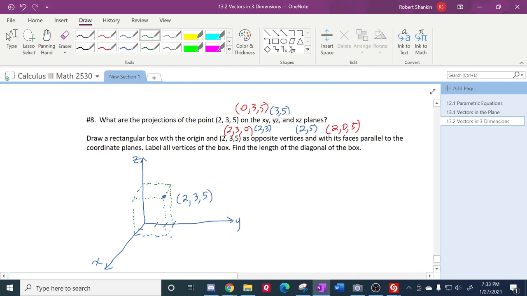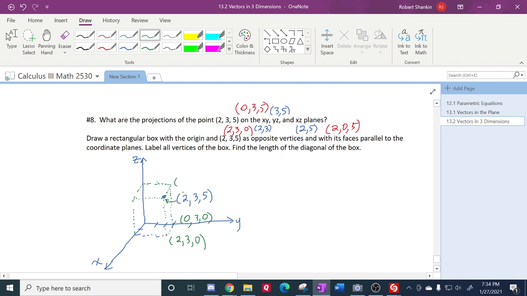When we're on the XY plane, the Z coordinate is 0. When I'm over here, now the X is 0. I didn't go out at all. I only went 3 in the Y. And then the Z is also 0. And this is this point up here.